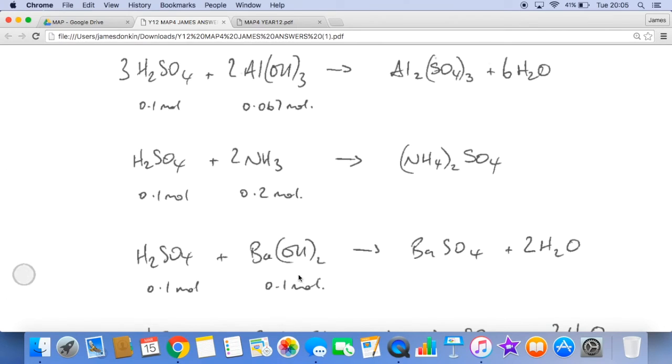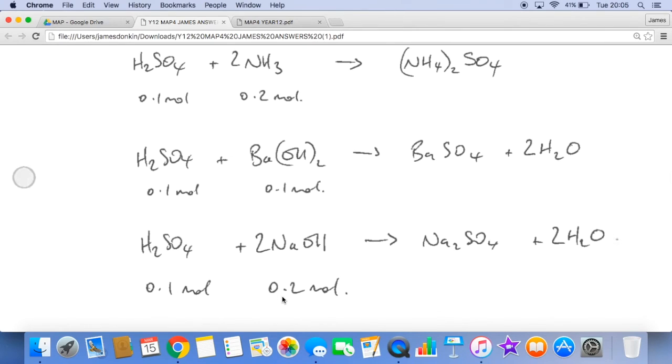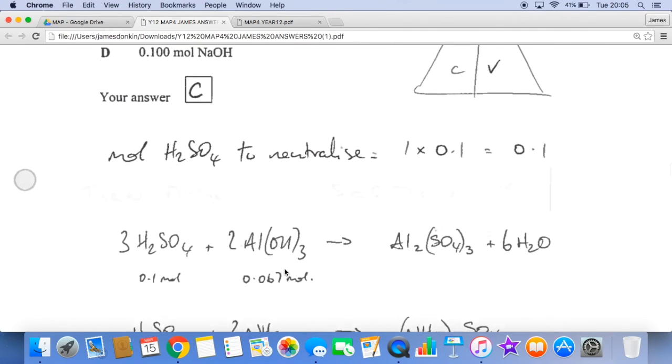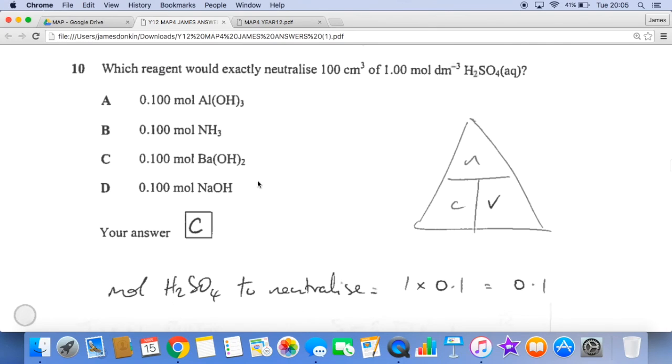For the barium hydroxide neutralization, it's a 1:1 ratio, so 0.1 would need 0.1, and the sulfuric acid sodium hydroxide combination is a 1:2 ratio, and so you'd need 0.2 moles of alkali. So if we go back to the answers, the answer was C. You'd need 0.1 moles of barium hydroxide.